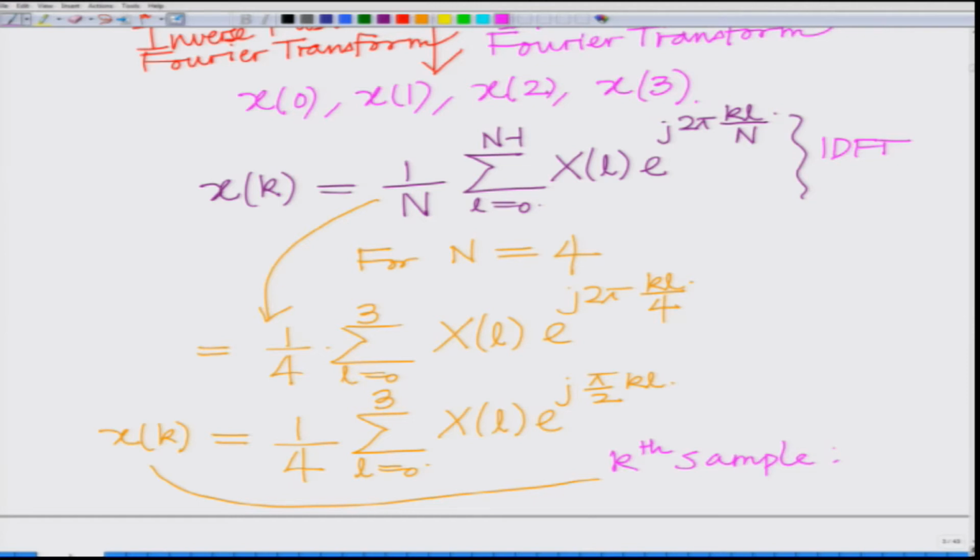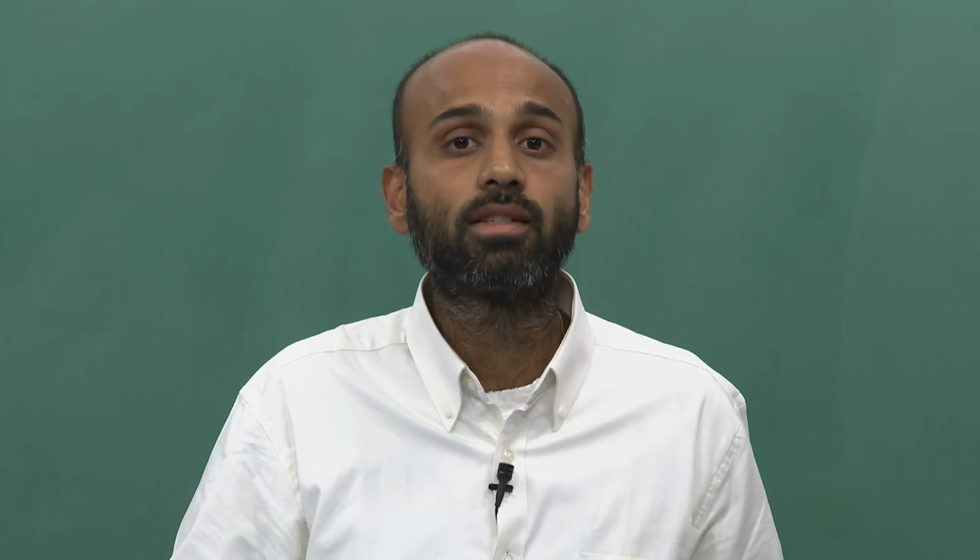Small x k is the kth sample, generated by the kth IFFT point of capital X0, capital X1 up to capital X N minus 1, and capital X L denotes the symbol loaded onto the Lth subcarrier.